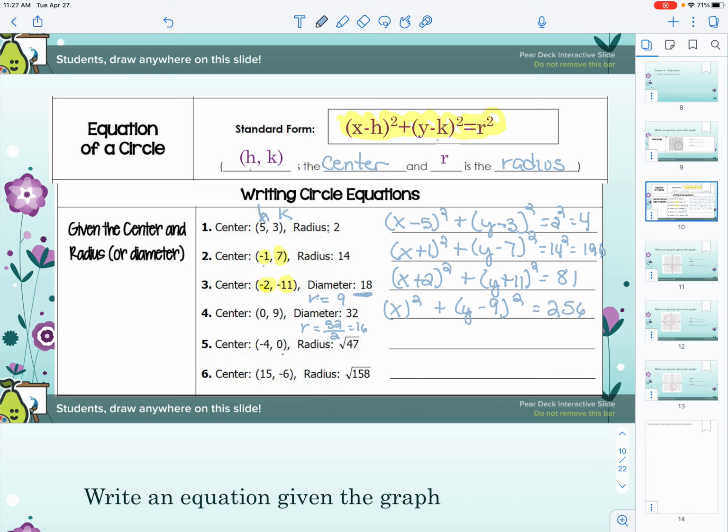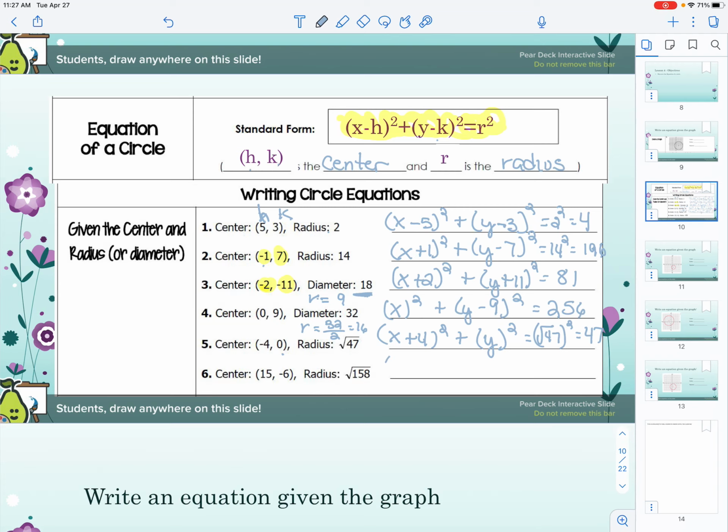In this case, my y is 0, so I'm going to take the opposite of negative 4. Y minus 0, I can just write that as y. And I have the square root of 47 squared, which is actually just equal to 47.